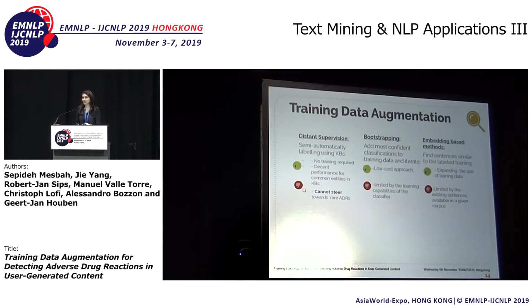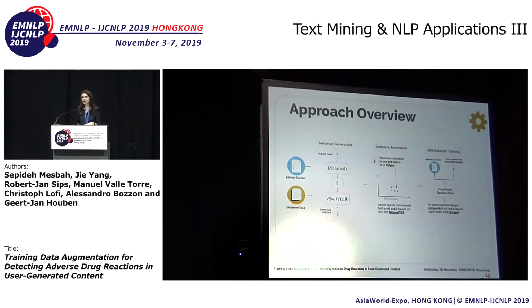Another technique is the embedding-based methods, which try to find sentences similar to the labeled training set, and this way we can expand the size of the training data a lot. However, the embedding-based methods are limited by the existing sentences available in the corpus, so they cannot generate new sentences.